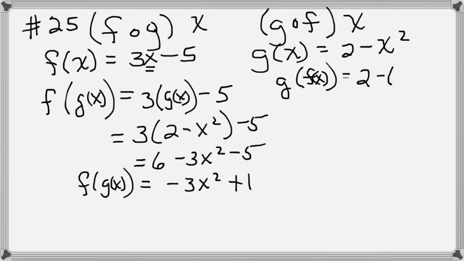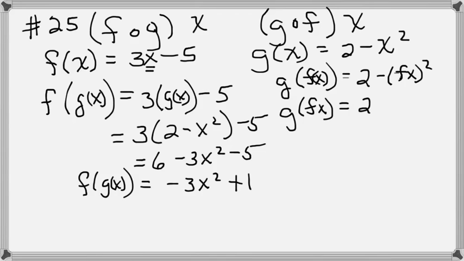Make sure you put this in parentheses. I'm telling you from the voice of experience, you'll make a mistake. Now put in your f of x right here. And don't forget to square it. So now I have g of f of x.